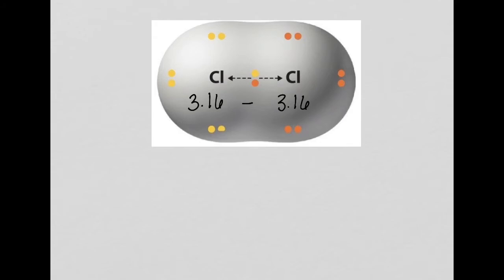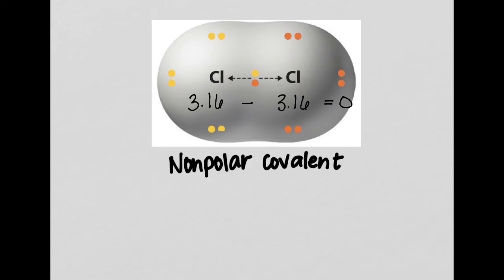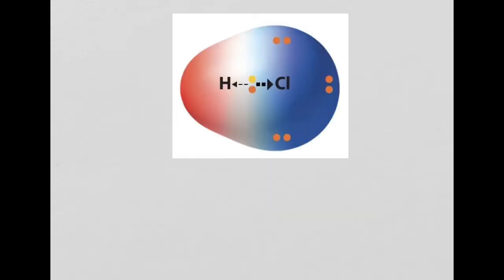3.16 minus 3.16 is going to be equal to 0. So I can safely assign this as nonpolar covalent. Now let's go look over at that HCl bond that I was just talking about. We know that we have uneven sharing of electrons in the HCl bond, and hydrogen has an electronegativity of 2.20.